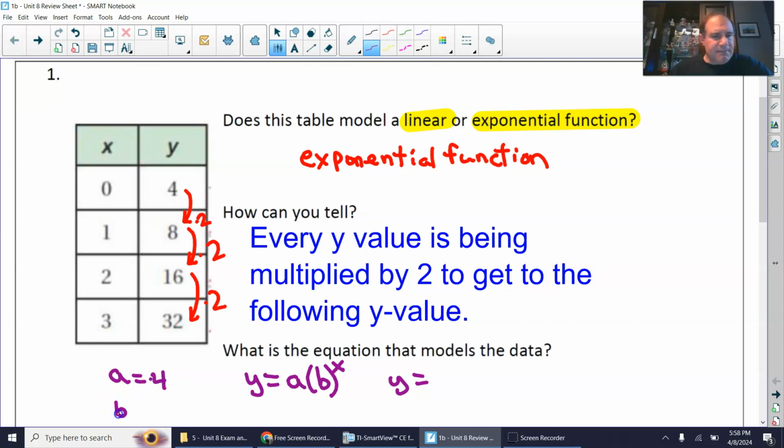And the b is the multiplier, that is times 2. So we have 4 as the a, the initial value, times 2 to the x power. And that is the equation that models this data, an exponential equation.